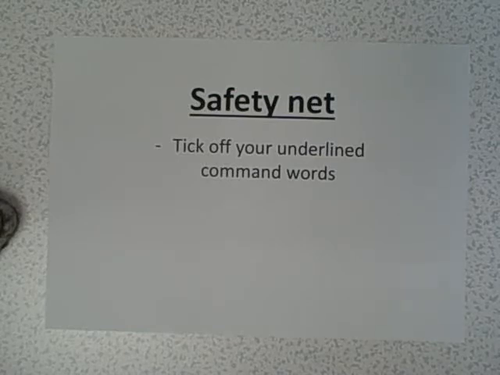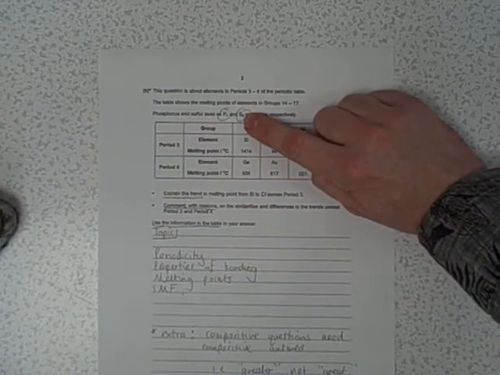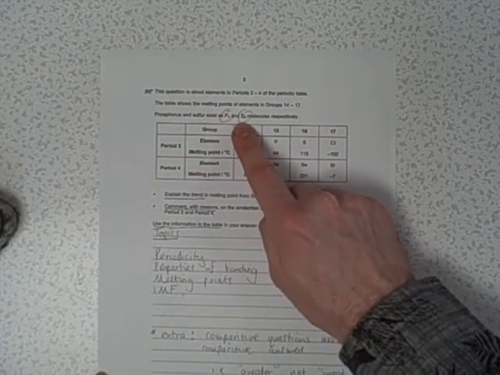Okay, so now you've analysed that question, let's just have a look at this one example. This is what I would have said for the question. So the key information I would have circled is that phosphorus is P4 and sulphur is S8. You might have circled slightly different things, that's okay. Really, it's the fact you've thought about it which is the important thing, but they're the two I would definitely have circled.